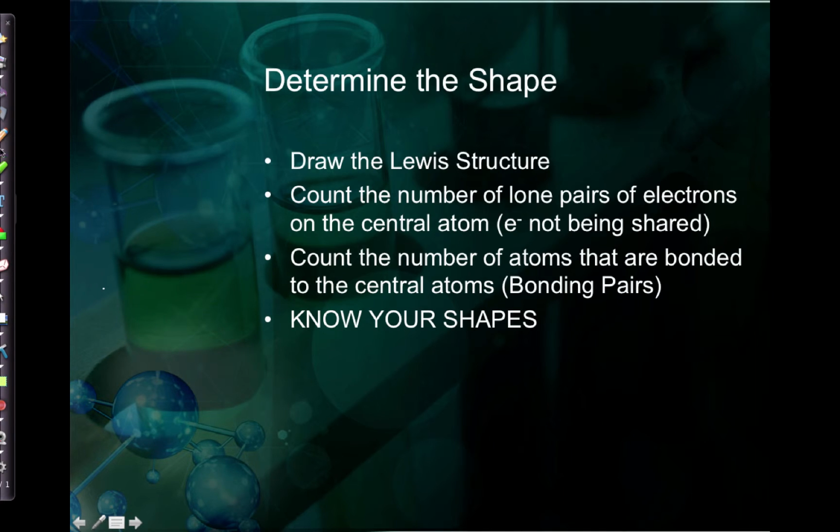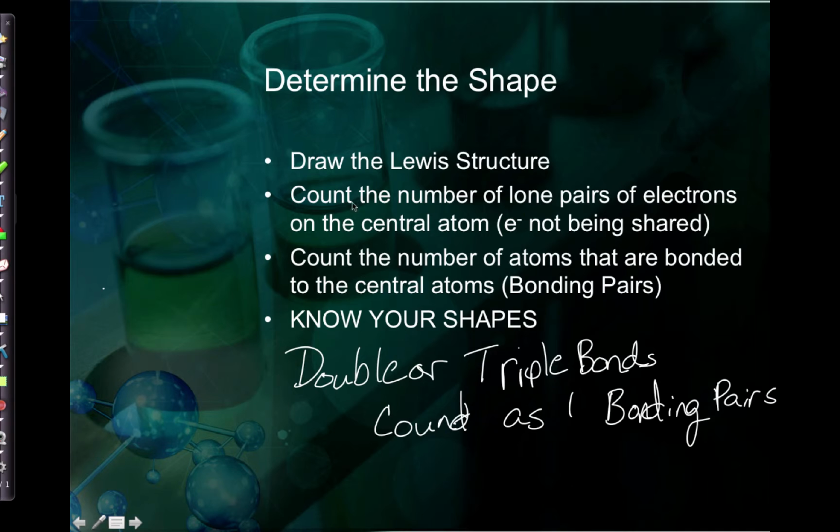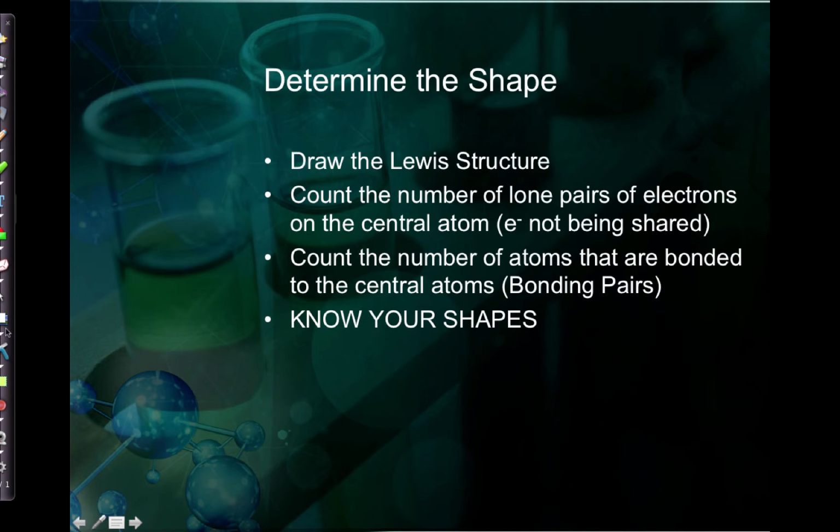That might be something you want to write down. Basically, if you can draw the Lewis structure and you can count, then you can determine your shape. You just have to know the most basic shapes.